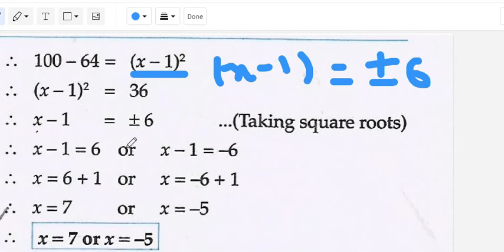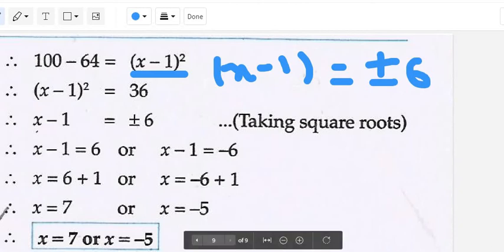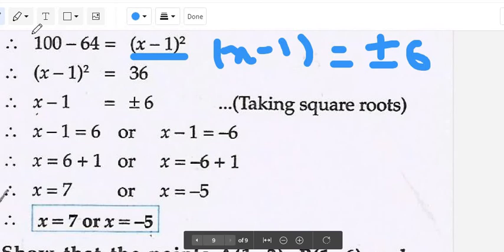This is the very easy method. x minus 1 is equal to plus 6 or x minus 1 is equal to minus 6. Then x is equal to 6 plus 1, or x is equal to minus 6 plus 1, and this is 7 or minus 5. Therefore the value of x is either 7 or minus 5.